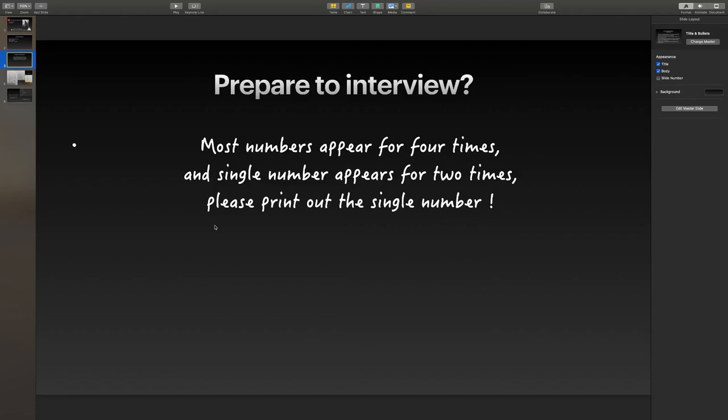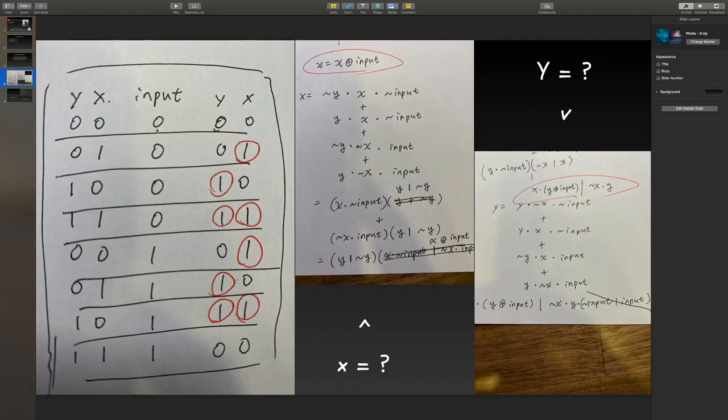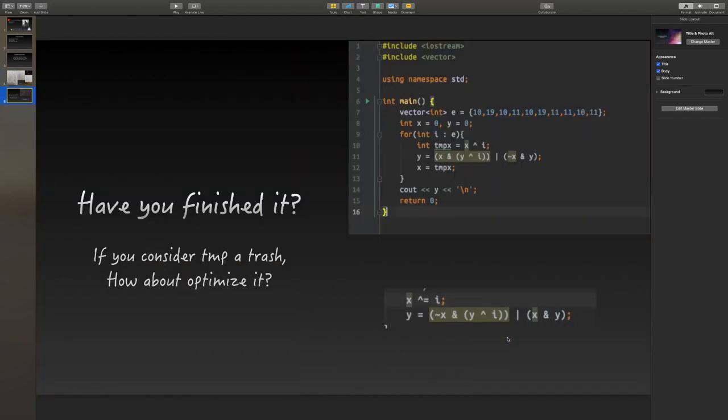So I will not talk about the code and the idea again, because the idea is just the truth table again. If you already understand what I'm talking about, then you can solve this question. Okay, so this is the truth table for this extended idea, and again calculate the result of the high bit and low bit, and use this idea to write out this code, then you can get the single number.